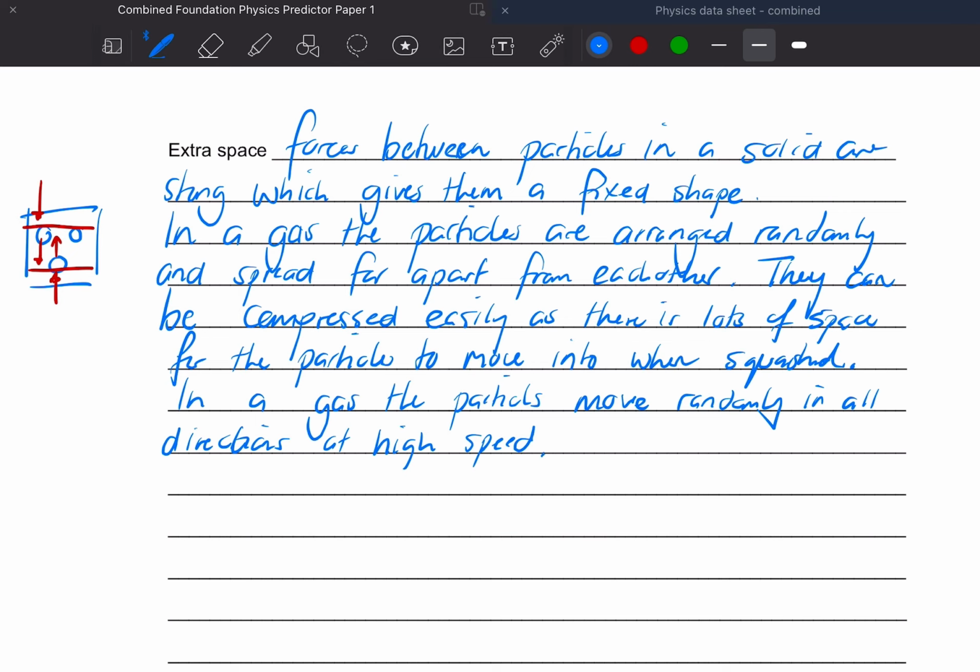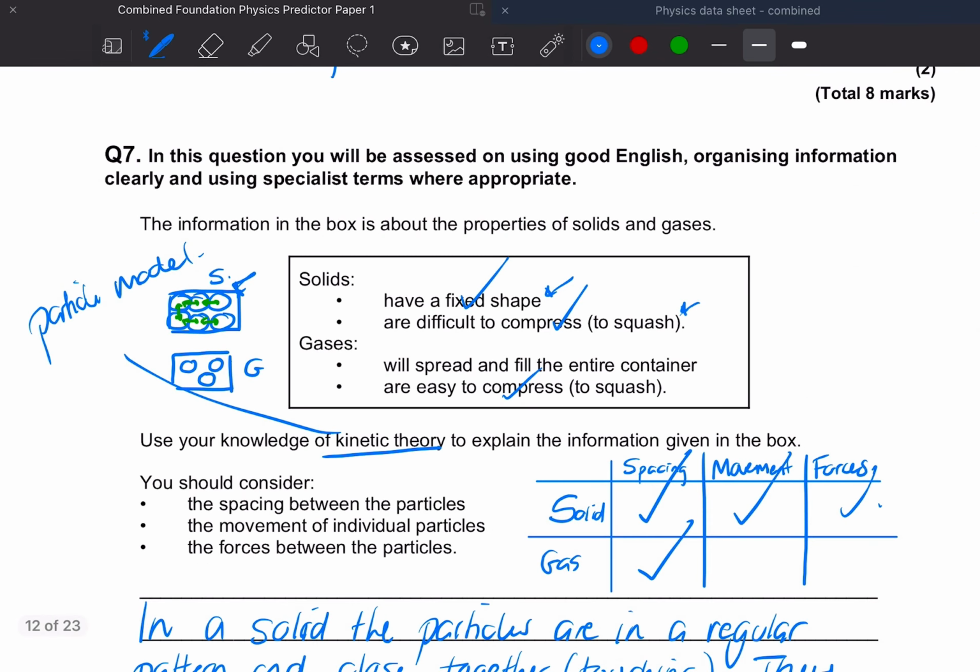They're moving fast because they're in a gaseous state, so they're moving quickly around. Okay, so we have talked about the movement, and we'll use the forces to explain why they spread out.